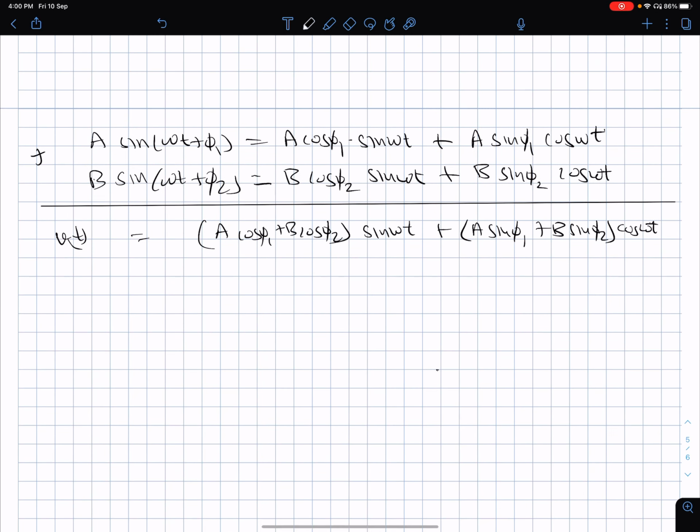So now consider a right angle triangle like this. This side is A cos phi 1 plus B cos phi 2.